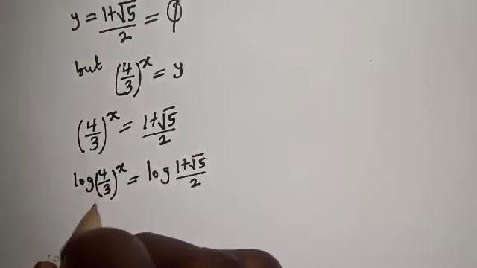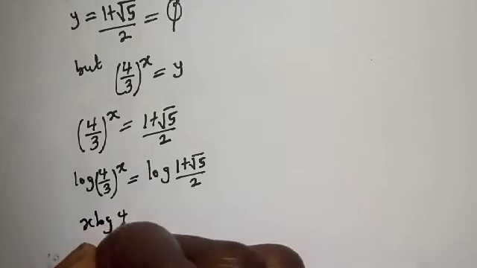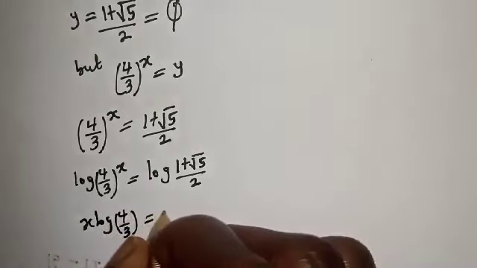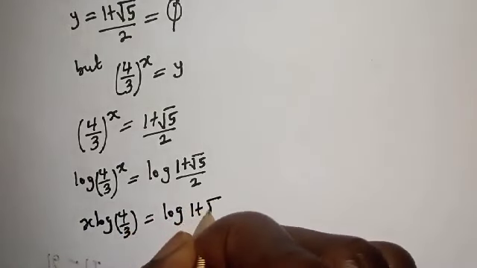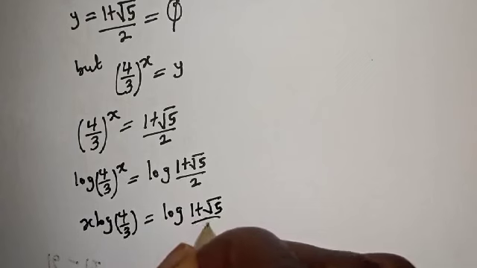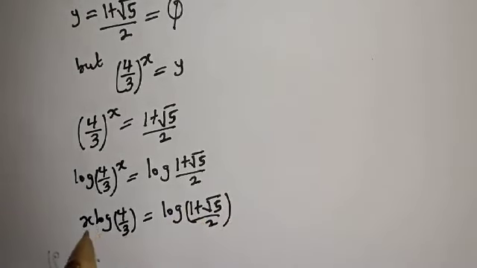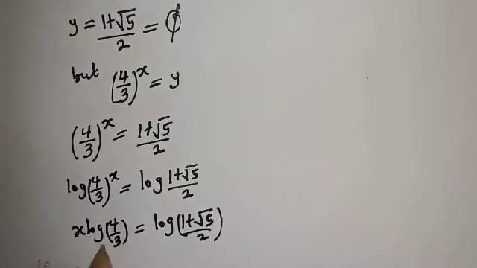Then here is x log 4 over 3 is equal to log 1 plus root 5 over 2. We are looking for the value of x. Let's divide both sides by log 4 over 3.